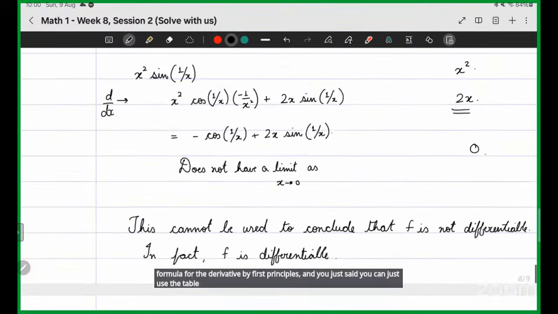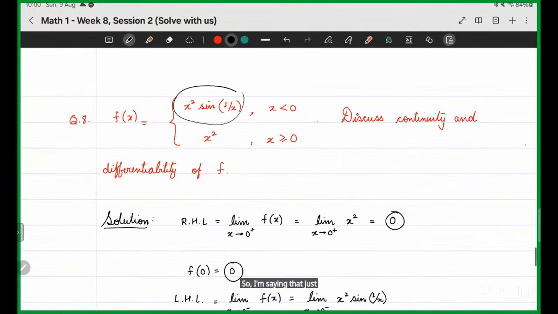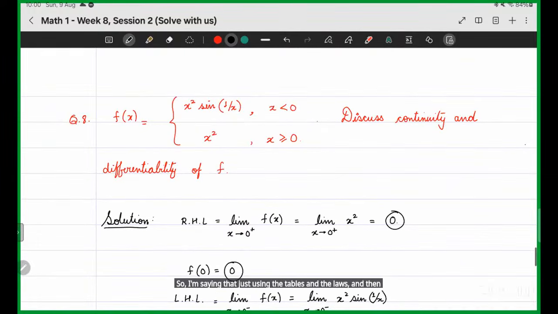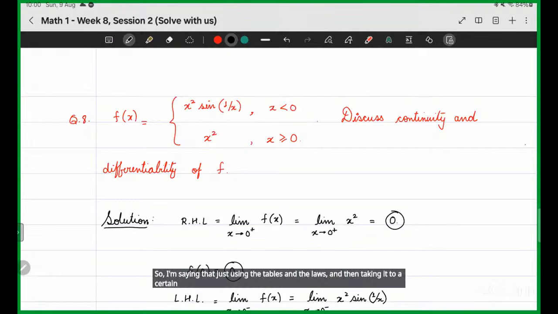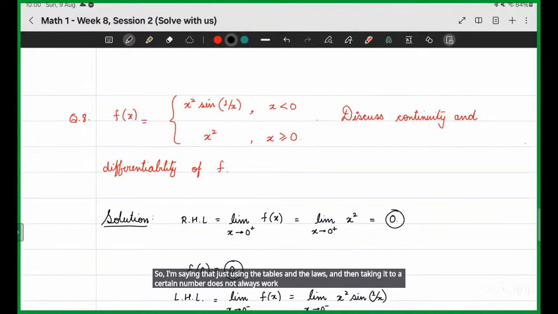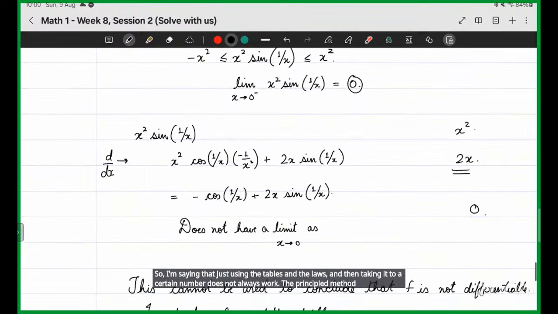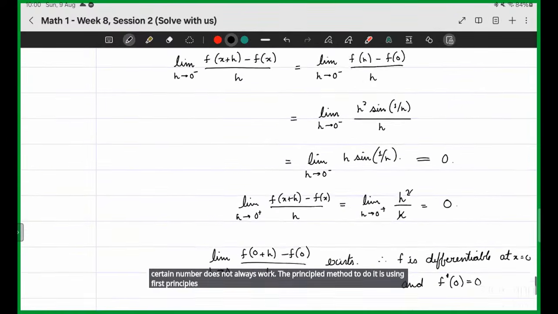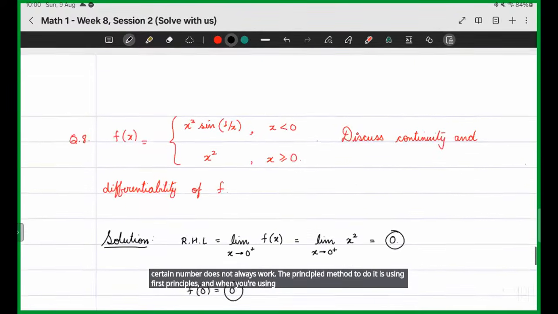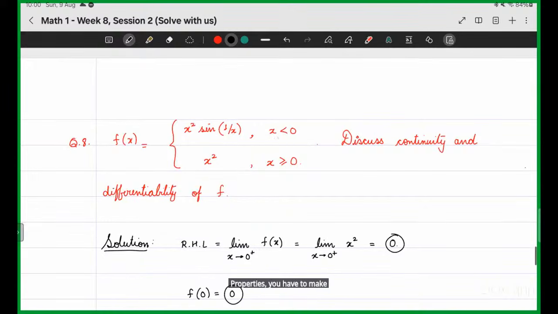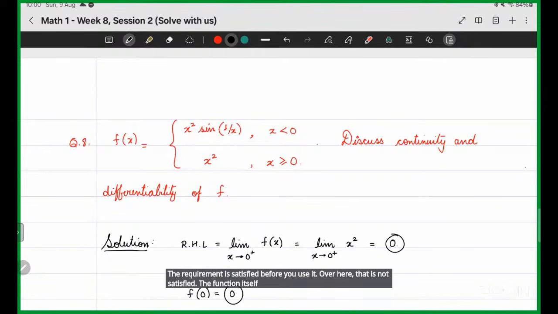So I'm saying that just using the tables and the laws and then taking it to a certain number does not always work. The principled method to do it is using first principles. And when you're using properties, you have to make sure that the continuity requirement is satisfied before you use it. Over here, that is not satisfied. The function itself is continuous, the derivative is not.